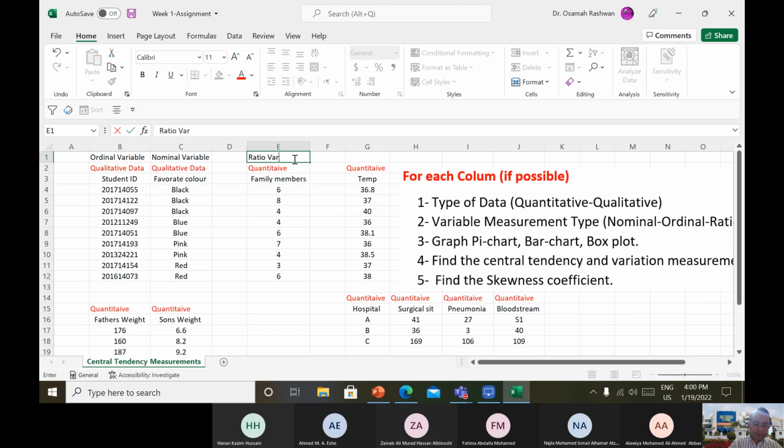Measurement. And this one is quantitative. So I know if I have quantitative, I also have ratio or interval. In the temperature, I gave you this example. Interval, yes, because zero in temperature doesn't mean you have no temperature, right?